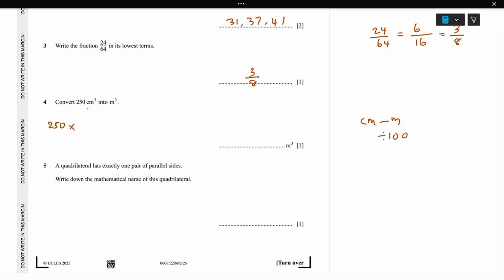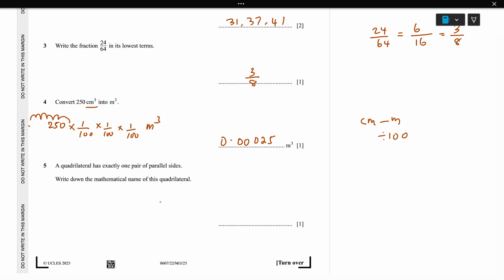Here 3 centimeters are there, centimeter times centimeter times centimeter, so we need to divide 3 times, 1 over 100 times 1 over 100 times 1 over 100. Now it becomes meter cubed. So here total 6 zeros are there, so we need to move 1, 2, 3, then 4, 5, 6, so decimal is here. So 0.00025 meter cubed is the answer here.